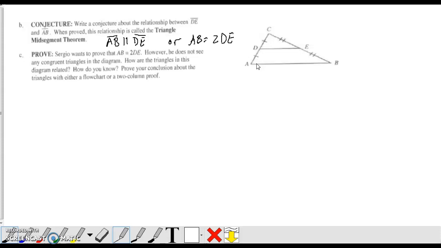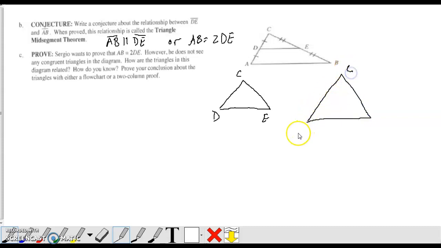So what do we know? We have 2 triangles, so let's make sure that we understand them. We have one triangle that is C, D, and E, and we have another triangle, which is C, A, and B. Basically what we want to do is see if these two are not congruent, but similar to each other.